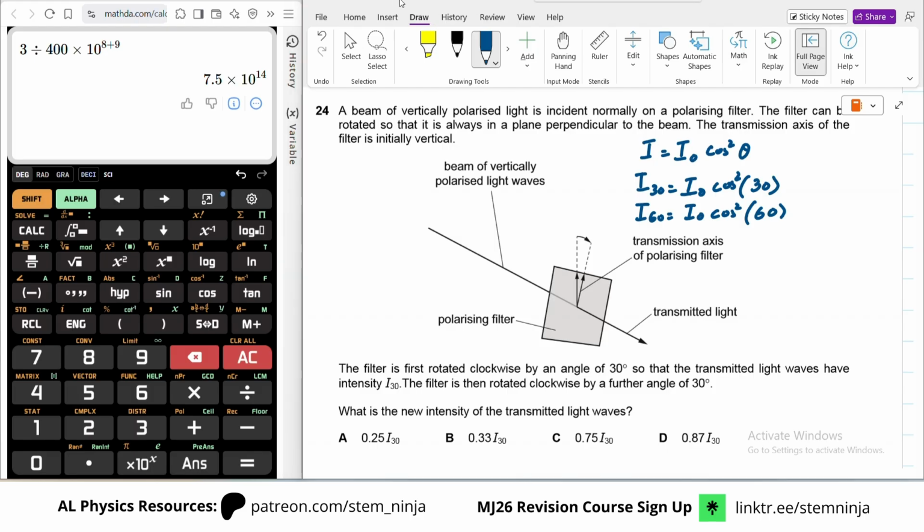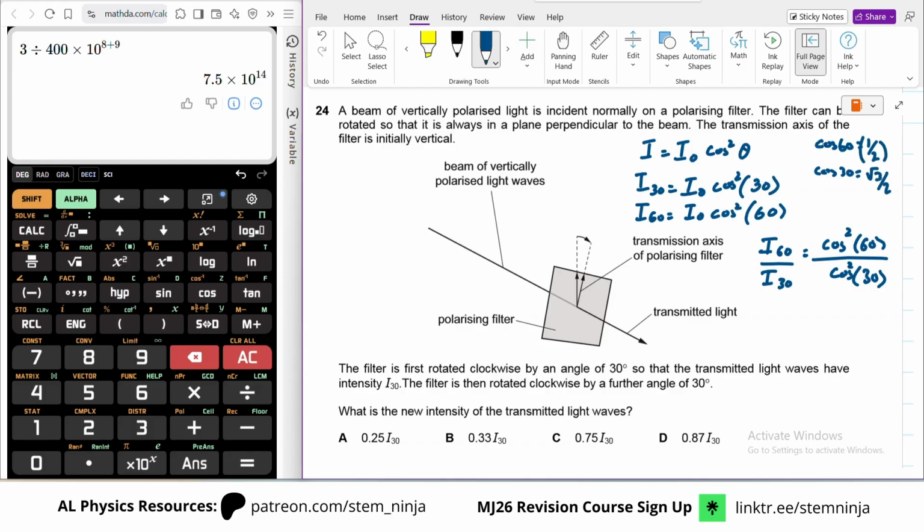So we can take a ratio. I60 over I30 equals, I naught will actually just cancel out, so cos squared 60 divided by cos of 30 whole squared. We know the values. Cos of 60 is 1 over 2 and cos of 30 is root 3 over 2.